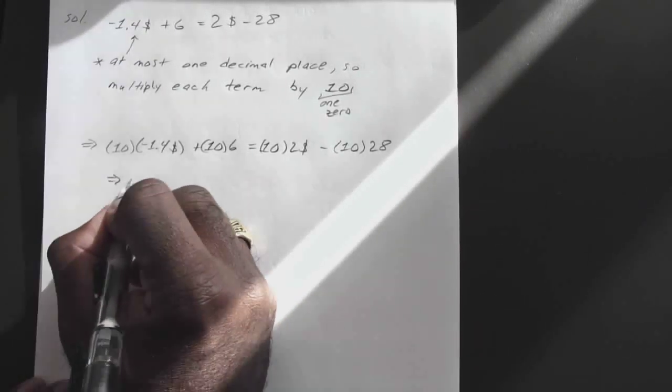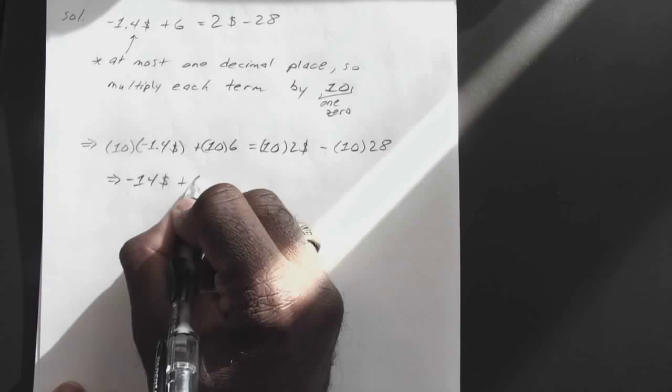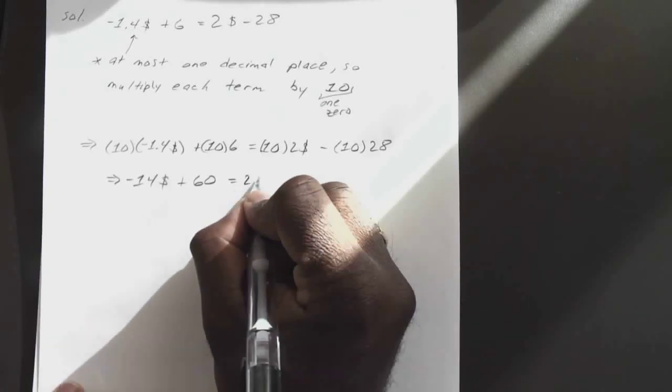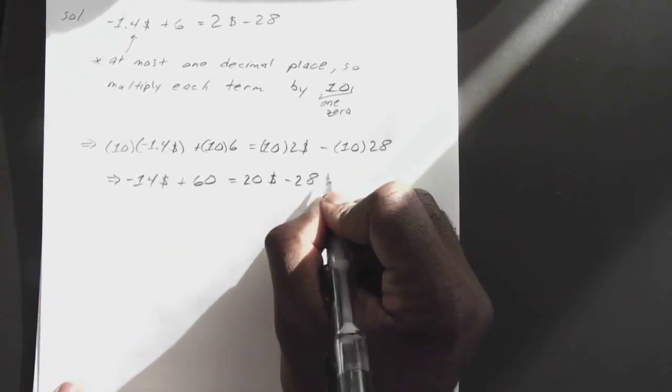Okay. So 10 times negative 1.4 will move that decimal over one time. So you have negative 14s. 10 times 6 is 60. Equals 10 times 2 is 20, so you have 20s. 10 times 28 is minus 280.